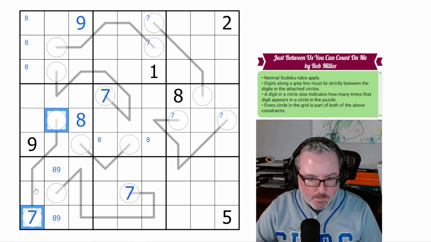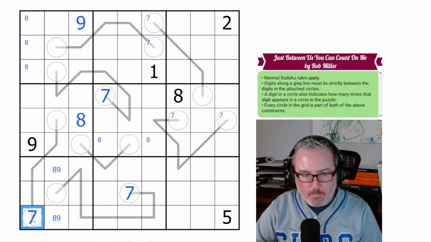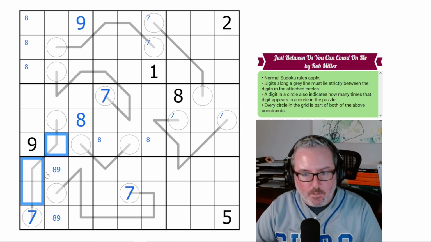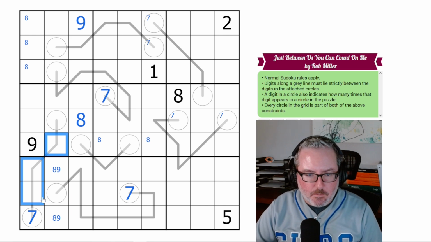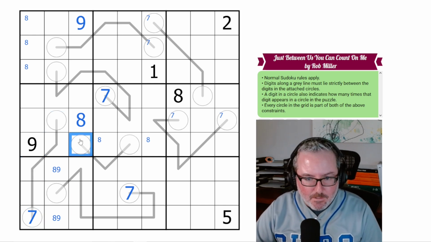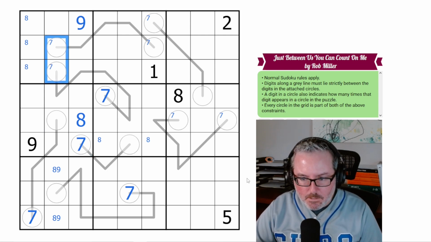You couldn't put 7s in between them because 7 would still not be in between its own 7. That barely made any sense, but I think you understand what I'm trying to say here. This can't be a 7, so therefore this must be a 7. And one of these two must be a 7.